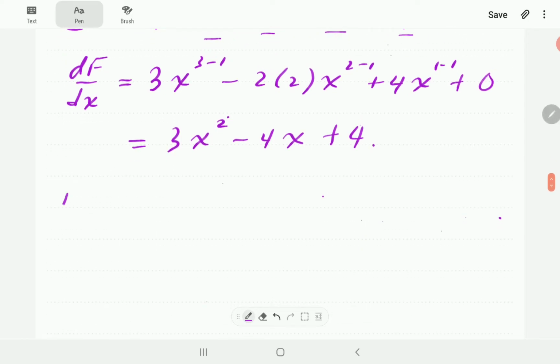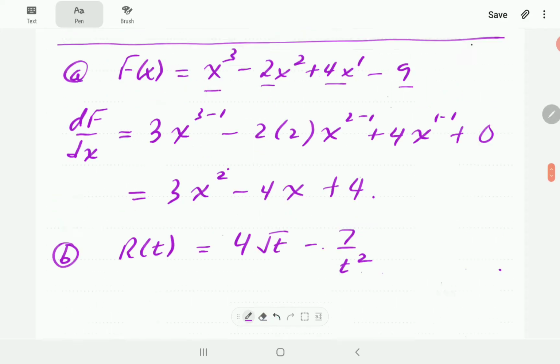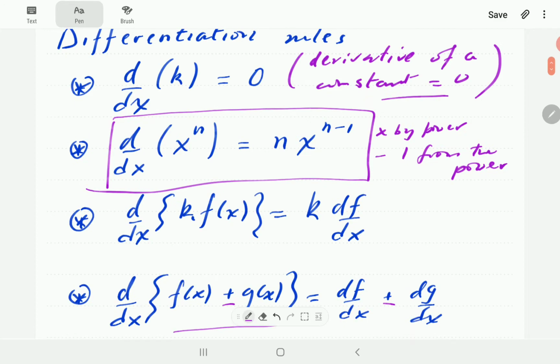Right, going to number B, we've got r, a function of t, so r is given by 4 square root t minus 7 over t squared. Now, this function, we need to rewrite it before we can apply our rules here.